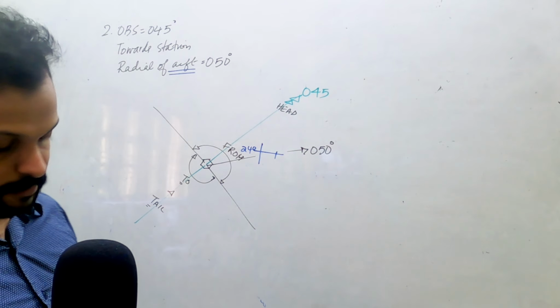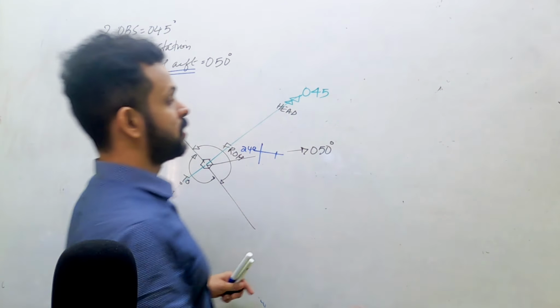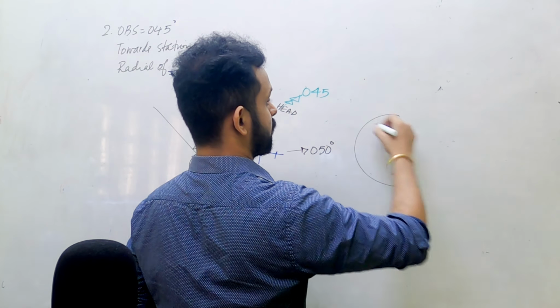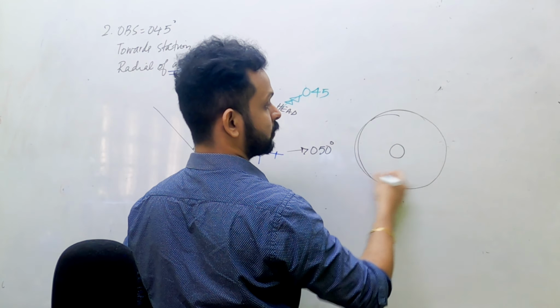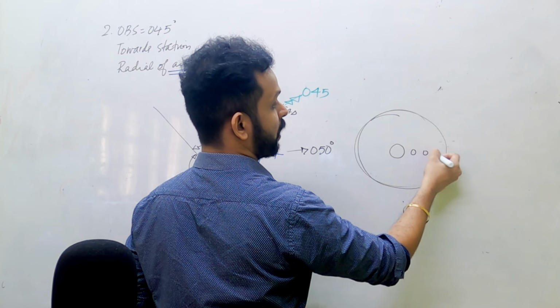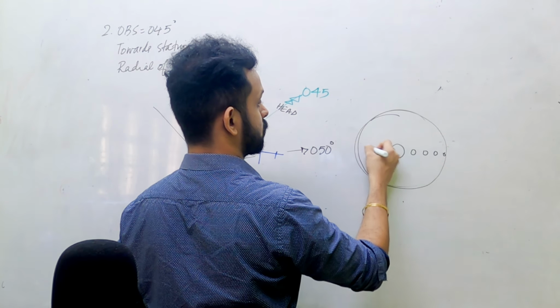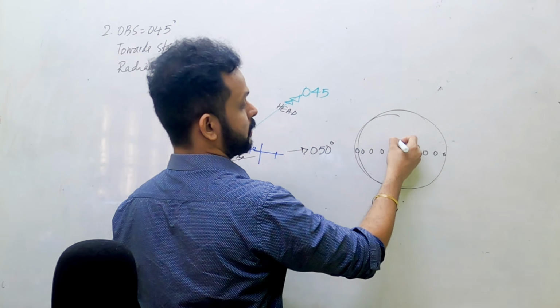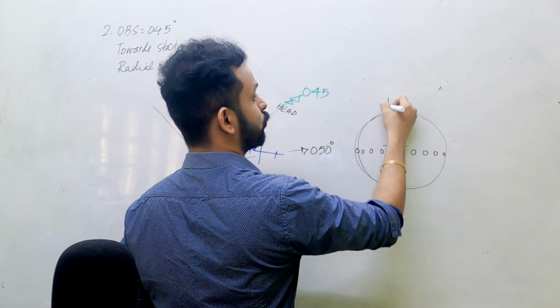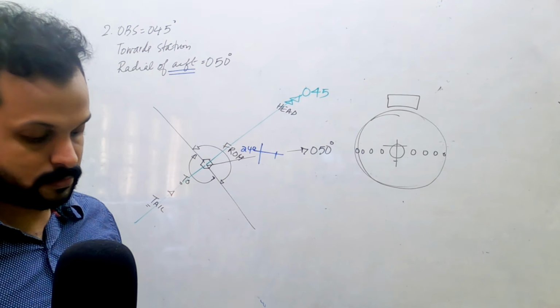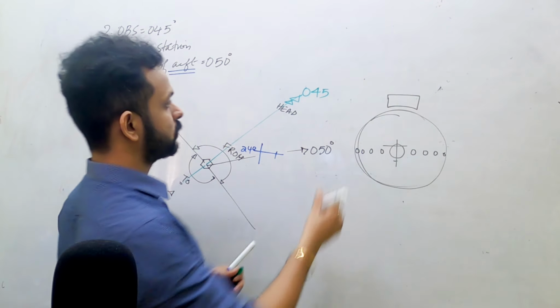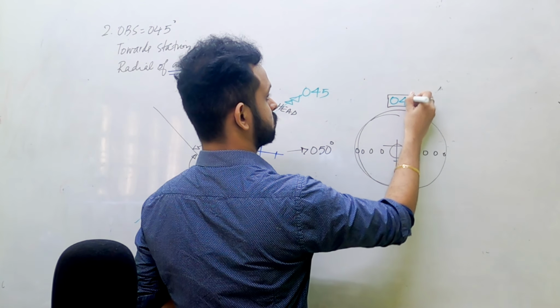Now let's look at the CDI indication, how CDI indication looks like. If nothing is mentioned, it is always a 5-dot system, right? And the aircraft at the center, what goes here? The OBS. What is the OBS? 045.